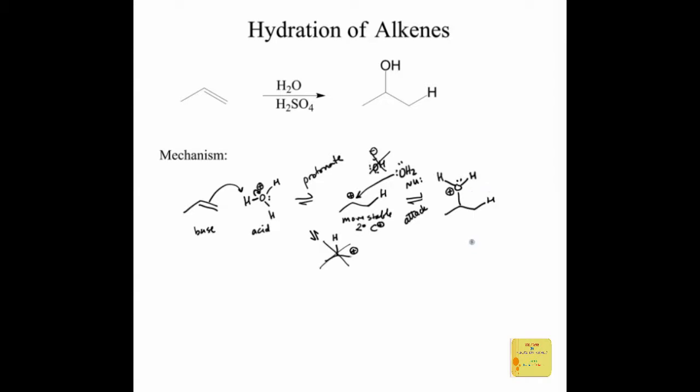And how can we do that? Well, we know oxygen just wants to have 2 bonds and 2 lone pairs, so it's one of these protons that can be removed. So our last step is going to be deprotonate. We call it that when we remove a proton. And so what can we use to deprotonate? Well, we can come back and use this H3O+, this water that we just formed in our first step. And we're done.